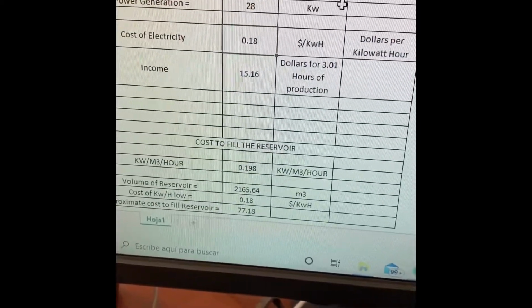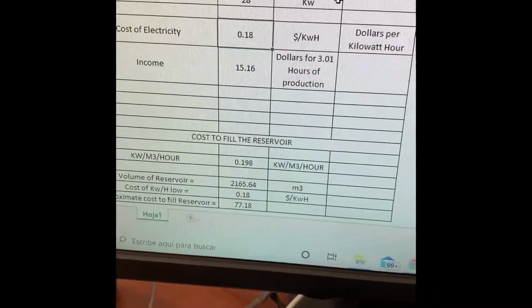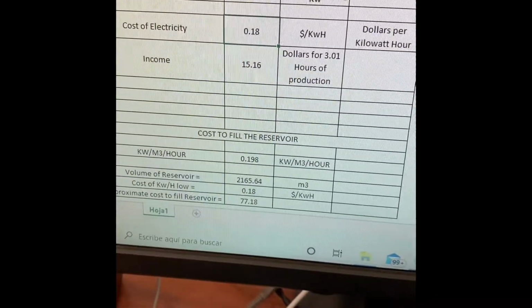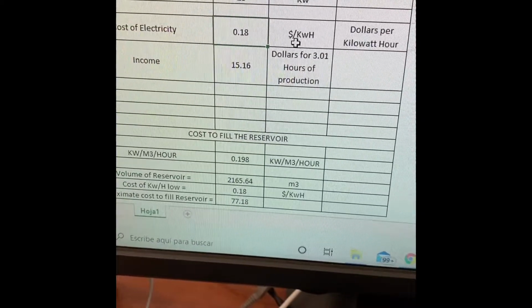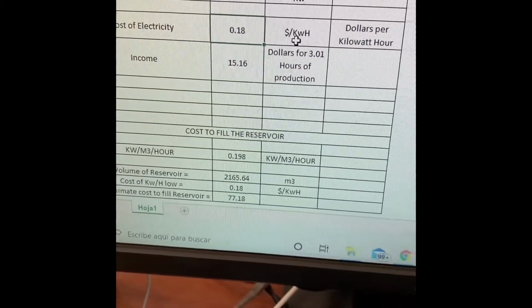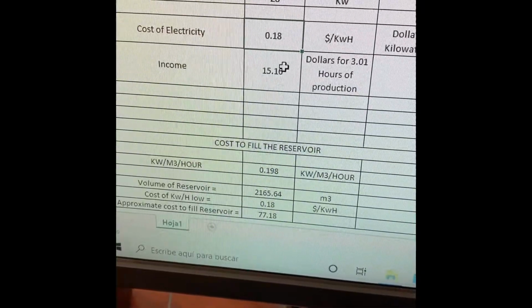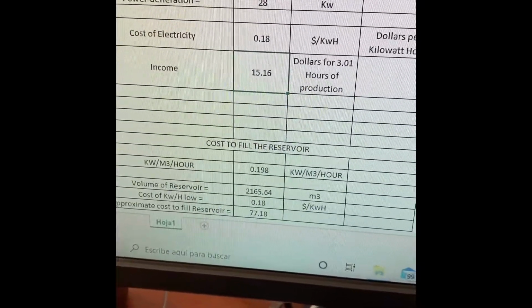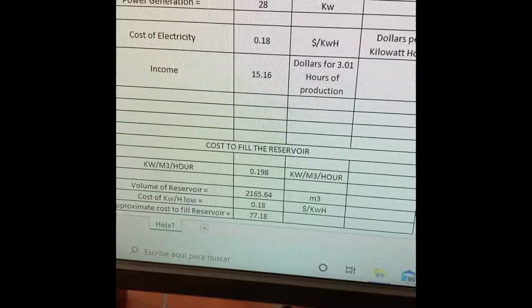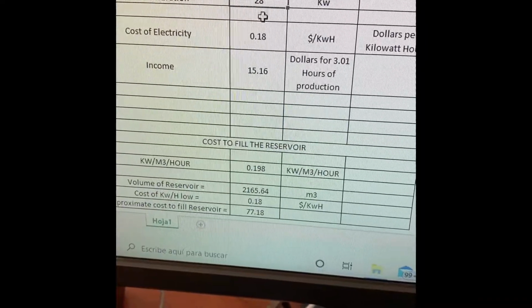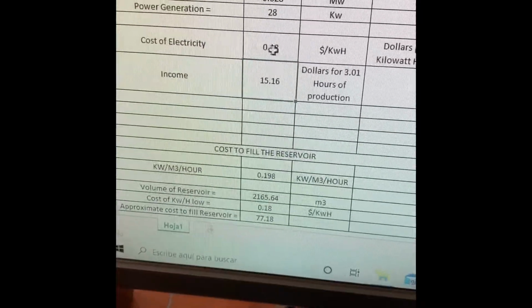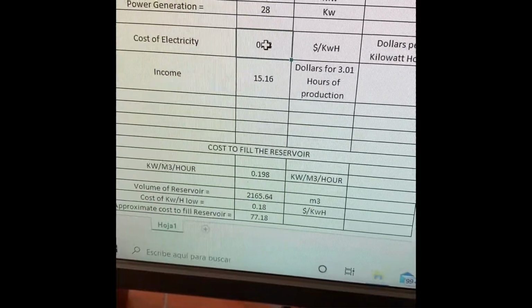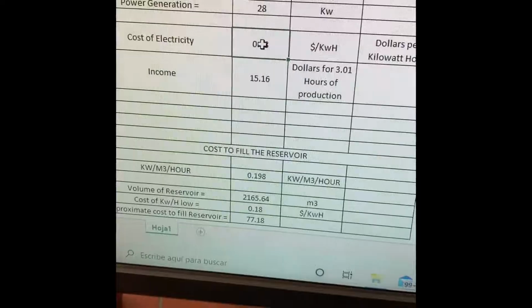Here I just put the cost of electricity in Ecuador in the commercial area, which is 0.18 US dollars per kilowatt hour. And the net income for these 3 hours that we will produce energy at this power will be $15. Now this is the number that I have to put as an input to you.